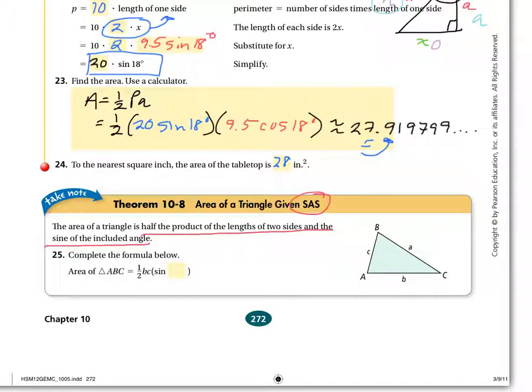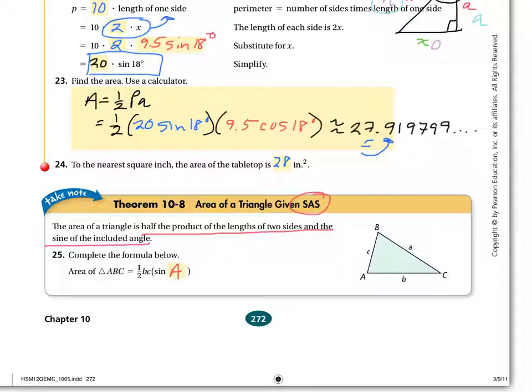This is using SAS. So here, if they said 1/2 B times C, here's side B, and here's side C, which is the included angle between side B and side C? A. And so they want you to find the sine of A. There are 3 different formulas you could write for this.